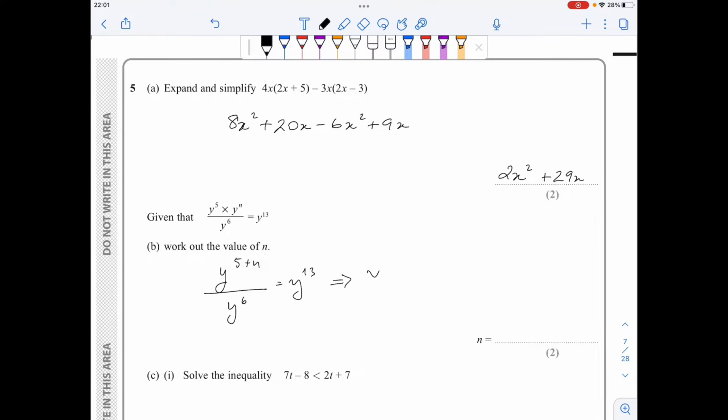So I get y to the 5 plus n minus 6 equals y to the power of 13. Finally, I will equate these two powers. So 5 plus n minus 6 equals 13. And if I rearrange, I will get n is equal to 14.